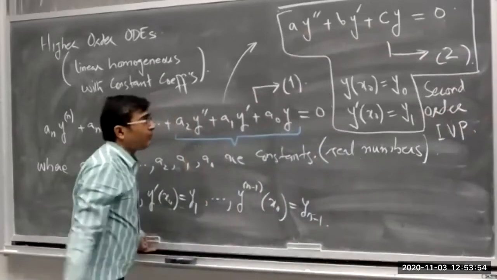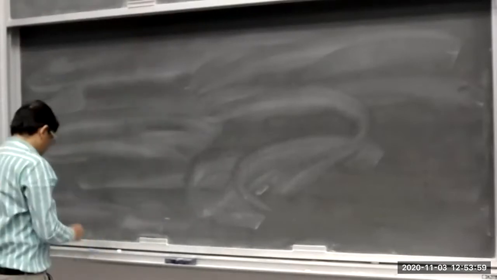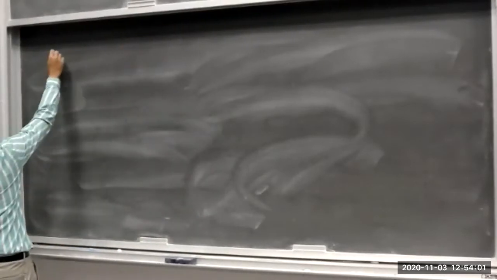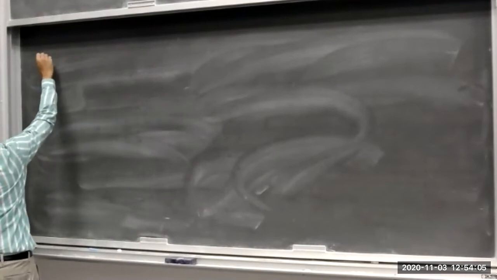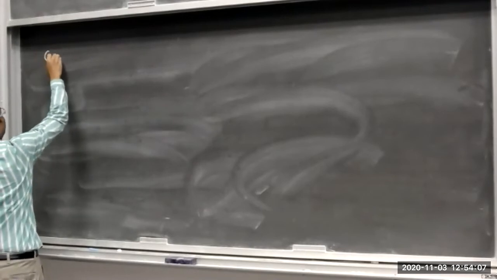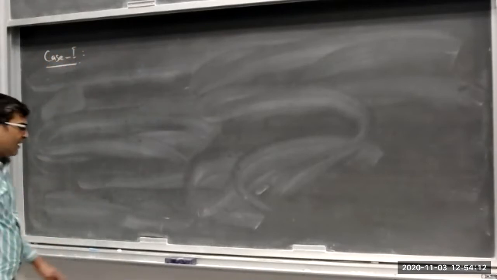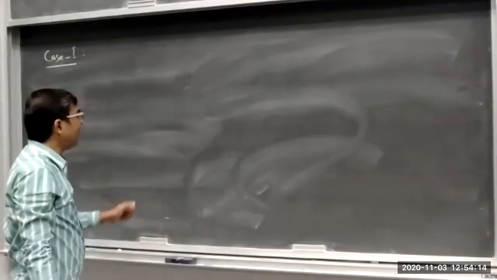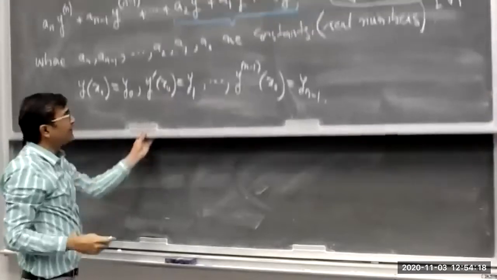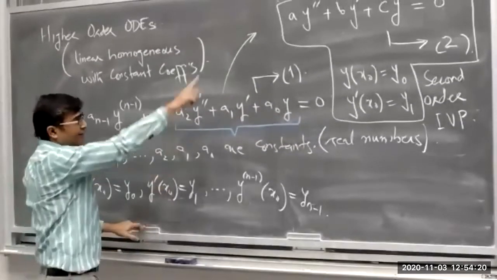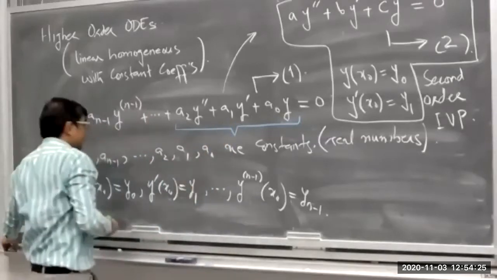Now, how to solve this? Let us consider first case 1. In case 1, consider if you have a linear ODE, and in this differential equation you have only a first order ODE, then what do you have?